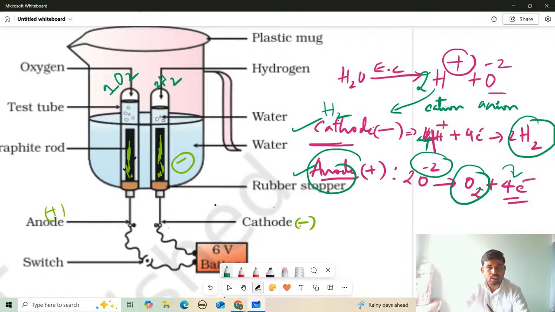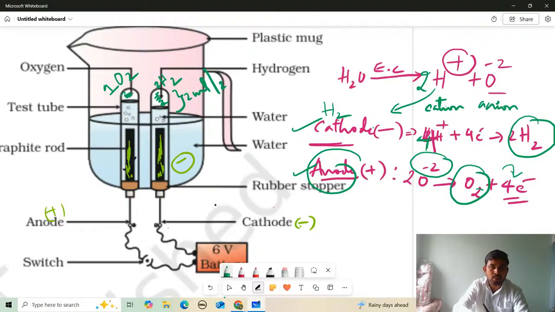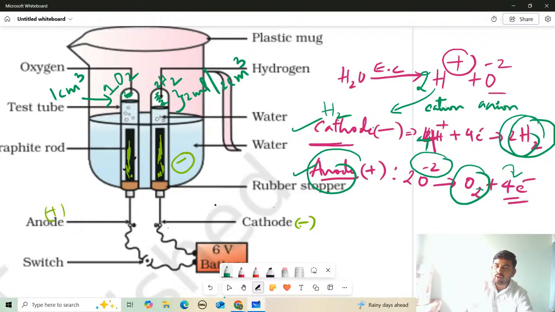That's why the space is more here and less there. If it is 2 centimeter cube here, on this side there is only 1 centimeter cube. It means for every two hydrogens, one oxygen is produced.